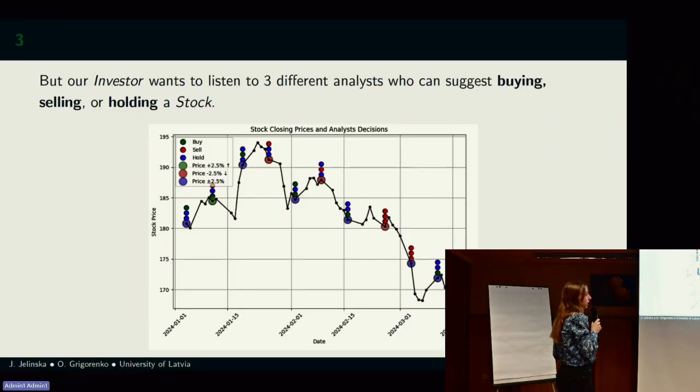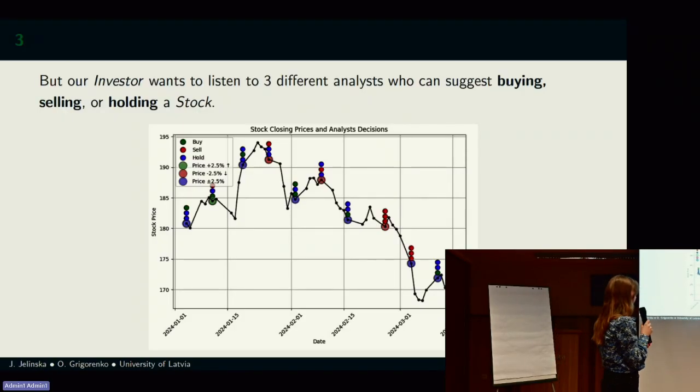Unfortunately, the investor has only three analysts, so he can't take the majority because the majority is not always present. For example, as here, because everyone says their own opinion, or he cannot take the mean because the mean pretty often will just tend to halt operation because it's the safest.